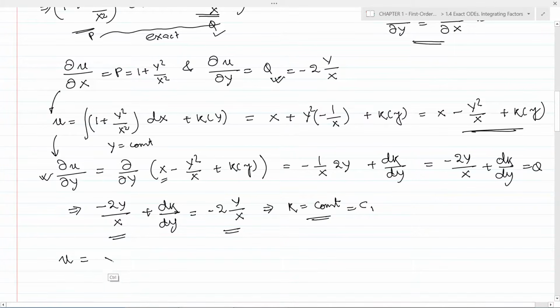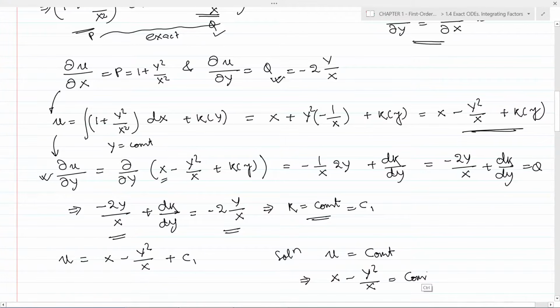So, u equals x minus y square by x plus constant C1, and we know that the solution is u equal to constant, which implies x minus y square by x equals constant, and this is the solution of the differential equation in implicit form.